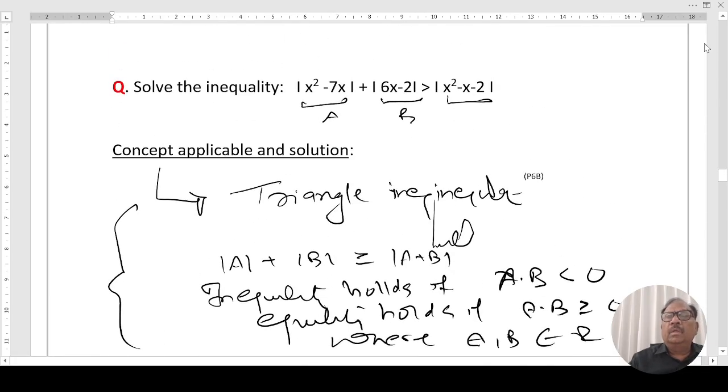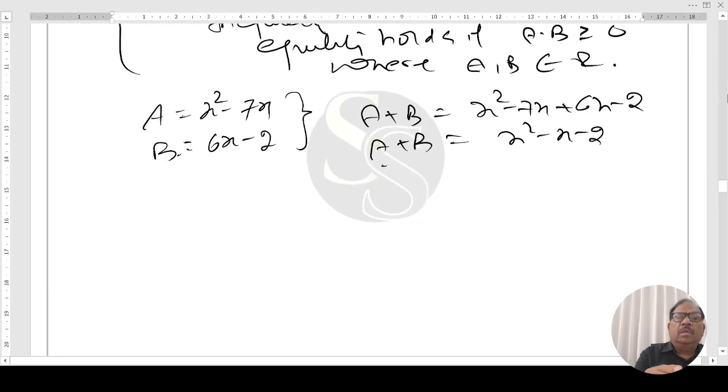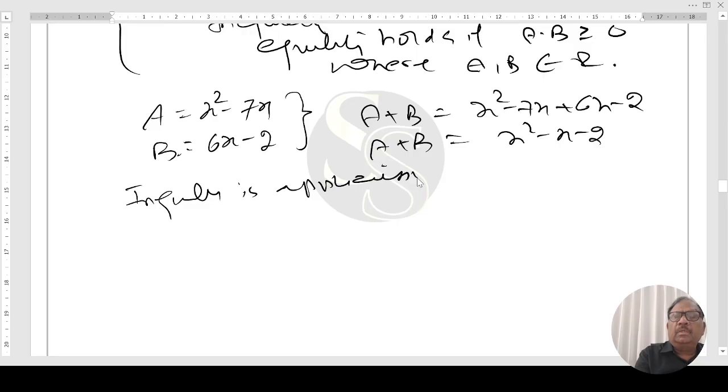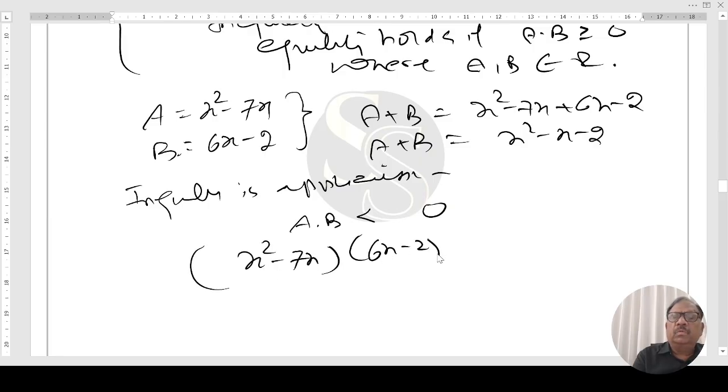So the inequality is applicable, that is, a multiplied by b should be less than 0: x square minus 7x times 6x minus 2 is less than 0.